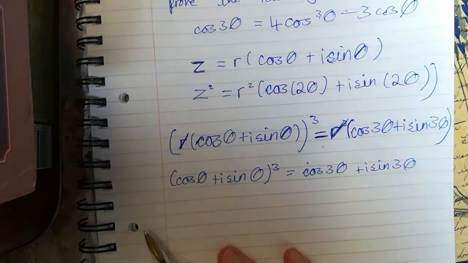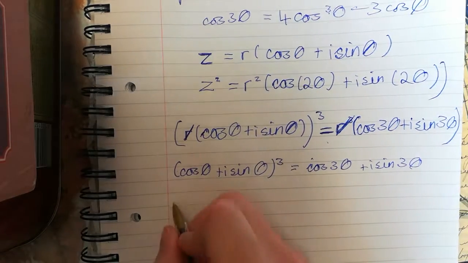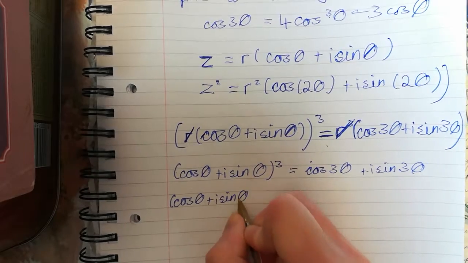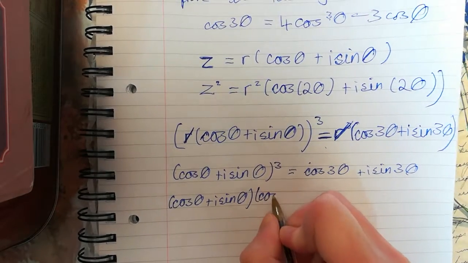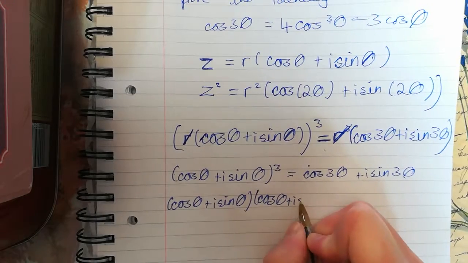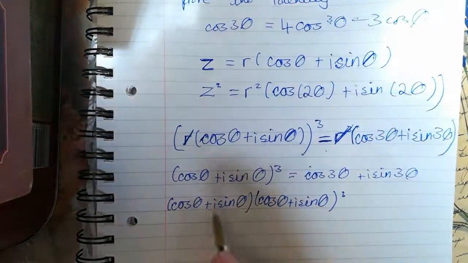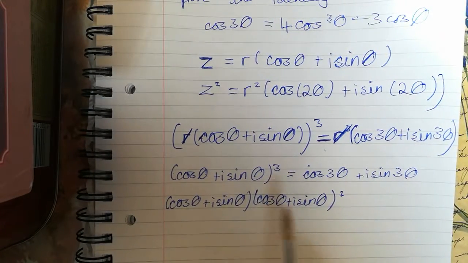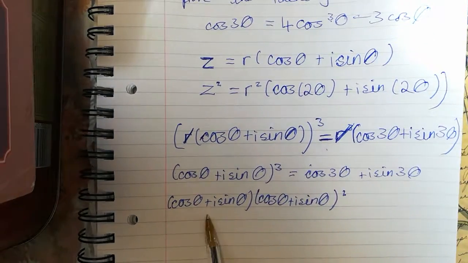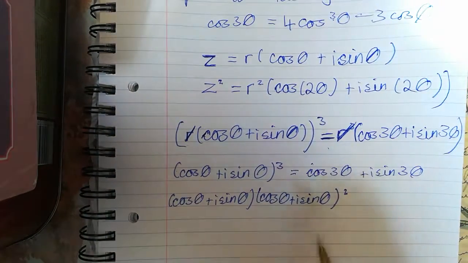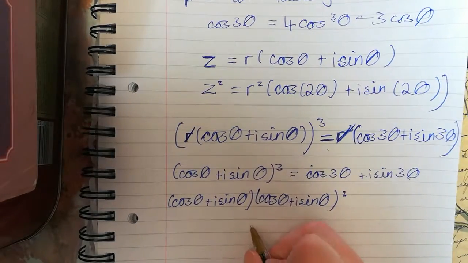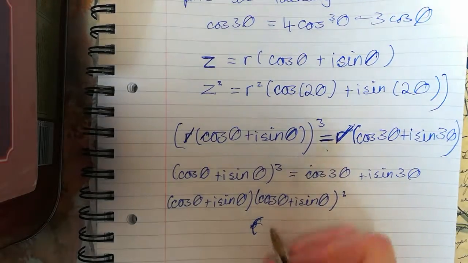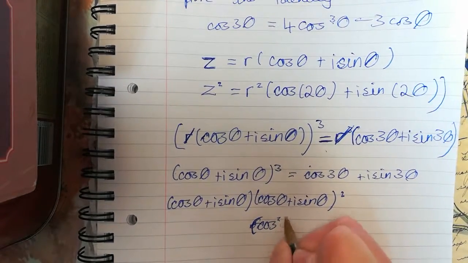So I'm going to have to multiply this out. I'm going to do the squared part first, because I think it's easier to multiply it by itself once first, and then multiply by itself again a third time. So cos by cos will be cos²θ.